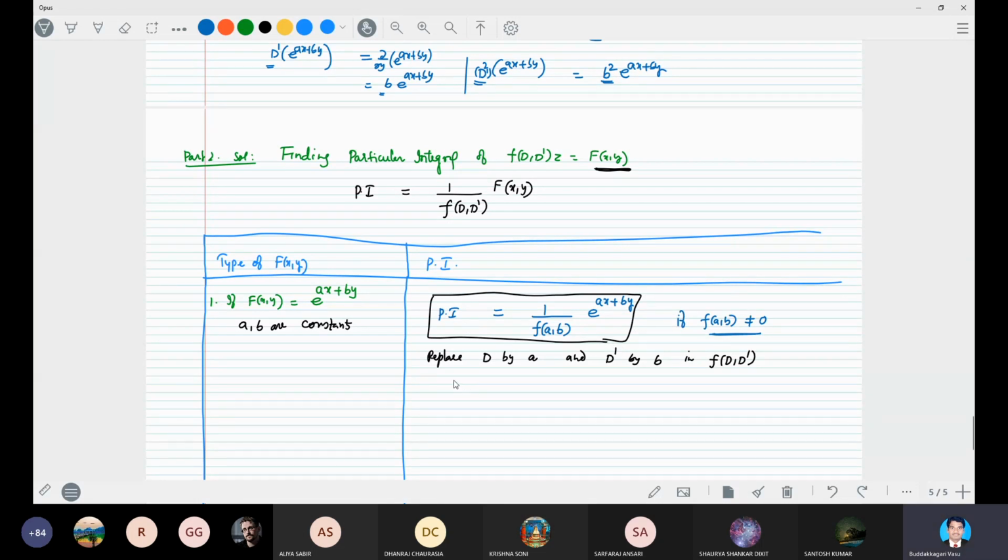Anybody may have a doubt. What happens if f of a comma b is equal to 0? If f of a comma b is equal to 0, that is the case of failure.